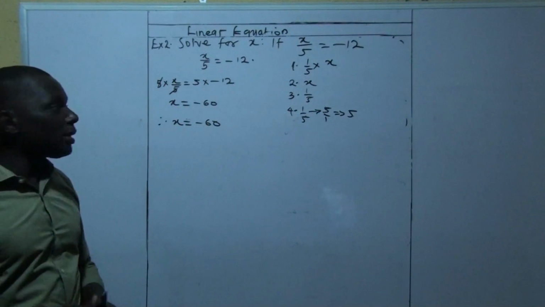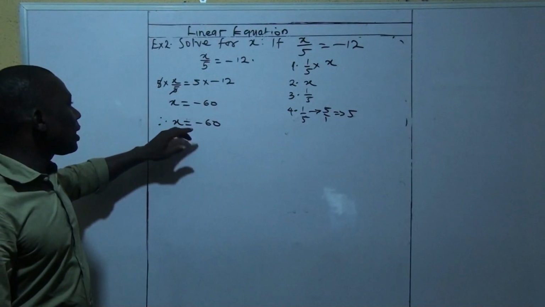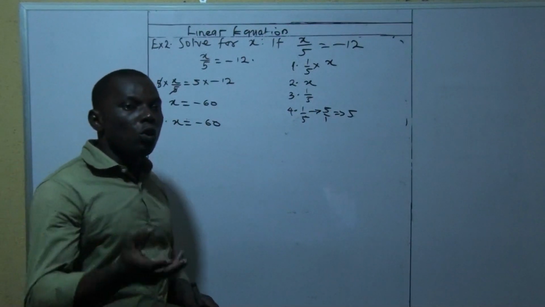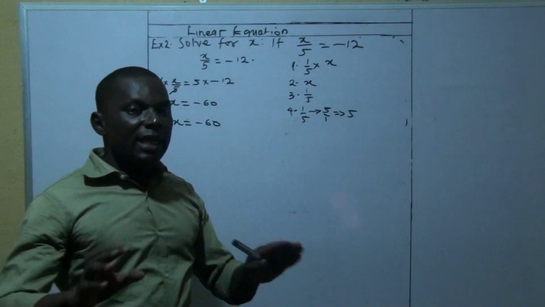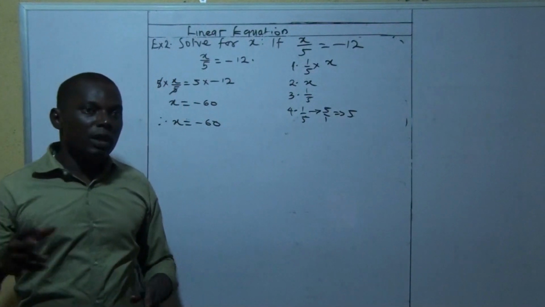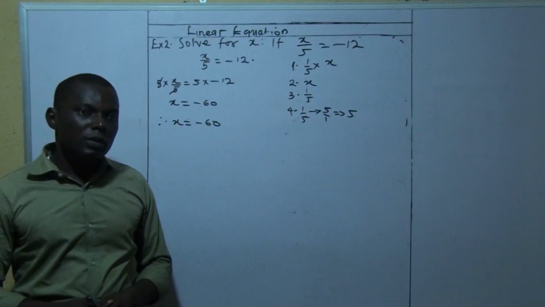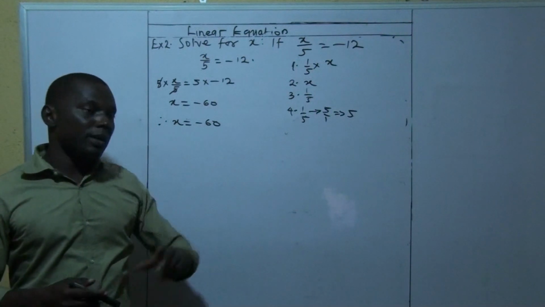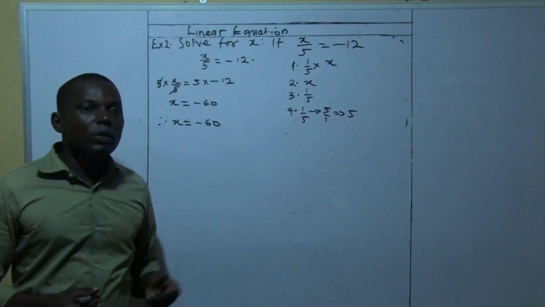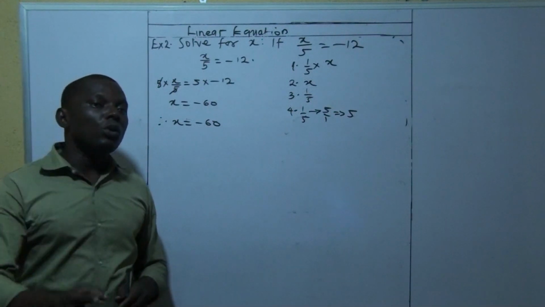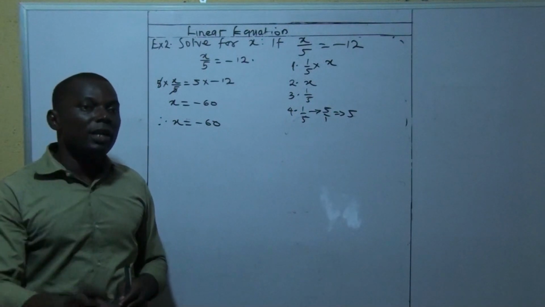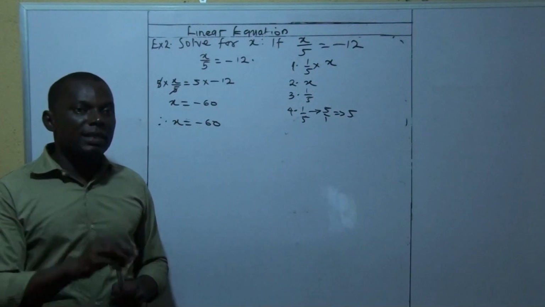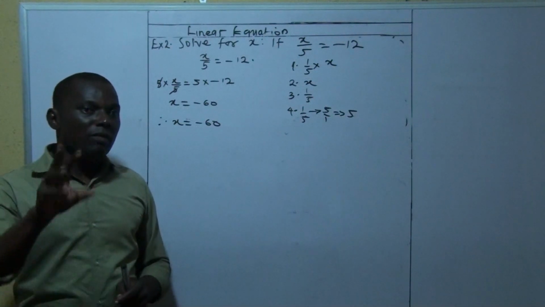Please, the essence of this class is for you to know how to resolve a linear equation of different forms. And in order for you to do very well, like I always said in the previous video, you must be able to understand the meaning of additive inverse and multiplicative inverse.